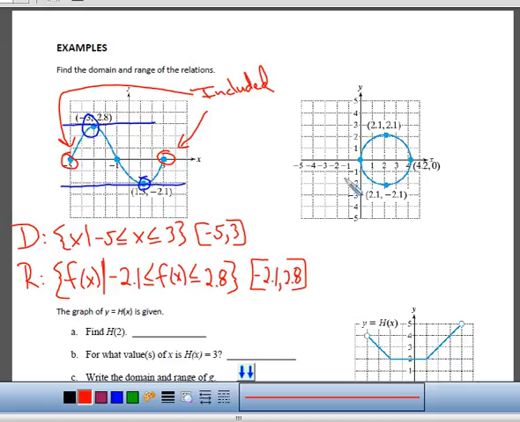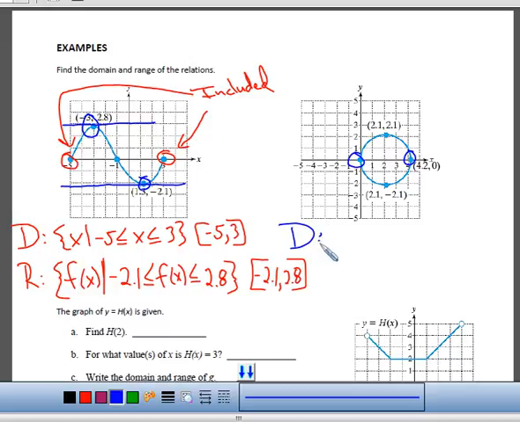Okay, we're going to do the same thing for the circle over here. Domain, remember, is our x values. So that should be pretty easy. Look at the right side, look at the left side. The greatest number and the smallest number.